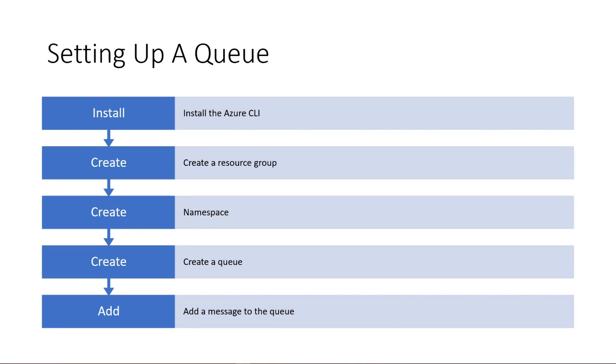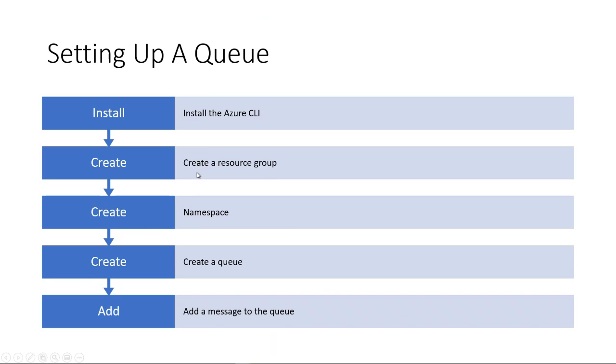Okay, so setting up a queue. This particular illustration that I'm going to have next is based on the Azure CLI. I'll talk in a minute about why the Azure CLI, but effectively the process is you create a resource group, as with everything in Azure.